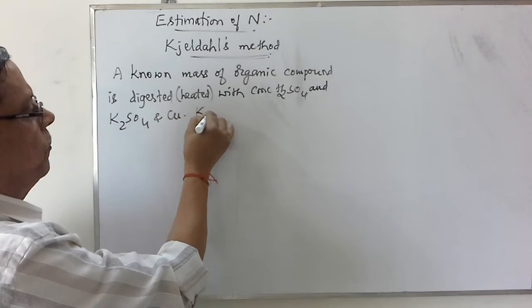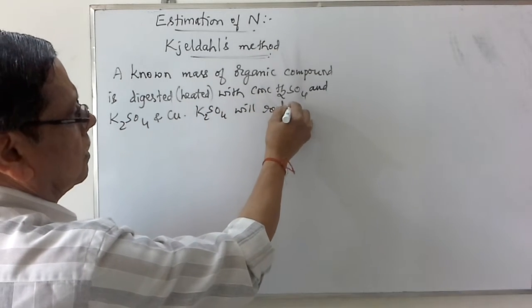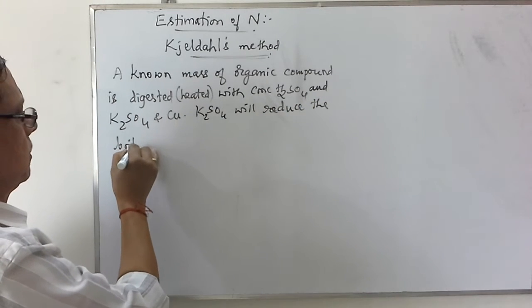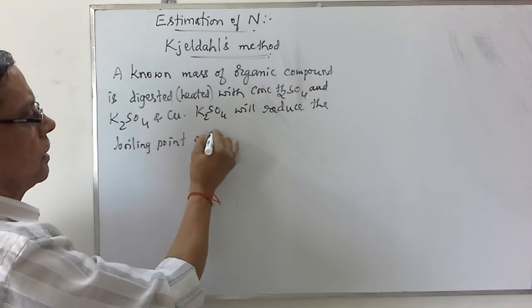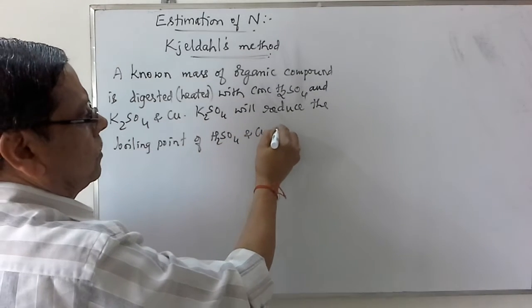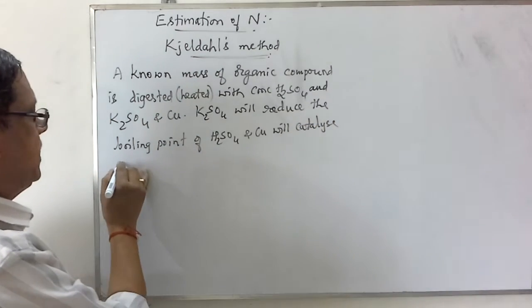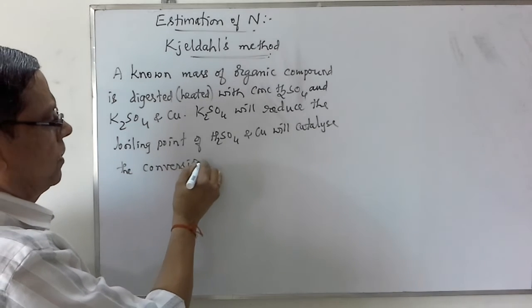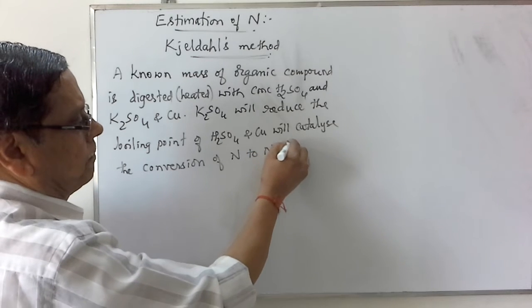So K2SO4 will reduce the boiling point of H2SO4, and copper will catalyze the conversion of nitrogen to ammonium sulfate.